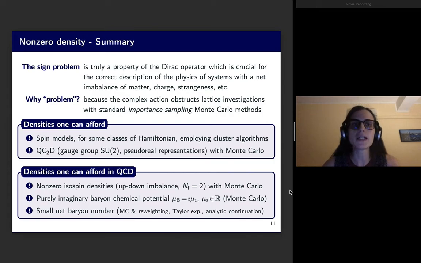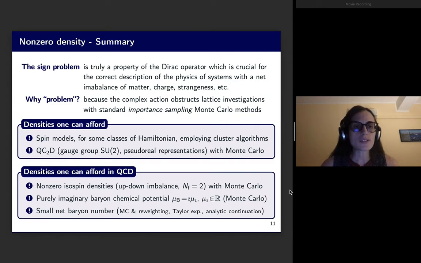There are, however, densities that one can afford, in particular in spin models or for some classes of Hamiltonians, when one can employ cluster algorithms. Another density one can afford is the non-zero density in two-color QCD, which is QCD with the gauge group SU(2) that has pseudo-real representations, and this is the key property that ensures reality and positivity, and then the viability of Monte Carlo techniques.